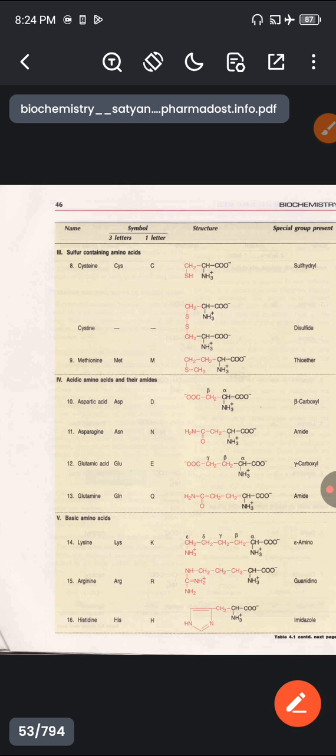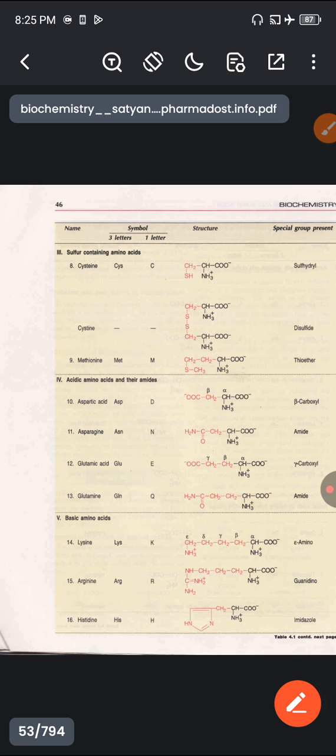We have aspartic acid and glutamic acid. They are dicarboxylic monoamino acids, while asparagine and glutamine are their respective amide derivatives. All these 4 amino acids possess distinct codons for their incorporation into protein, but we will not talk about that now. We just have to know this class of amino acids, and we will talk about this later.